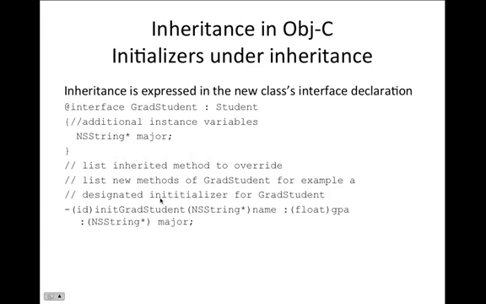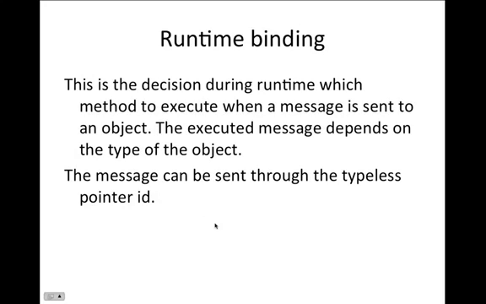So here's a list of designated initializers for grad students. Init grad student, and this is the same function we looked at before, essentially. Repeated, essentially, to override. So grad student is going to override student's init method.